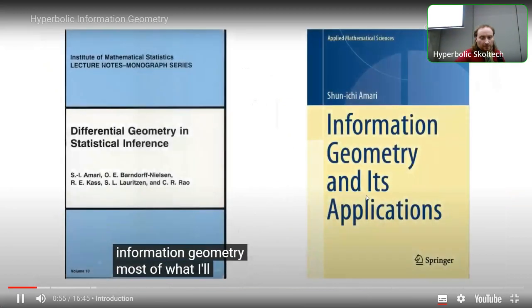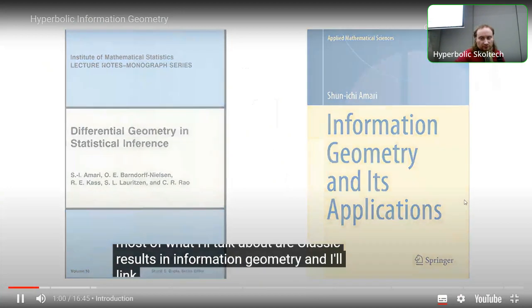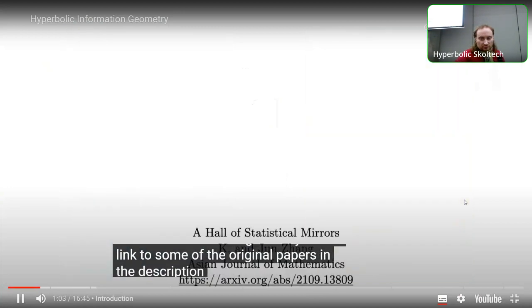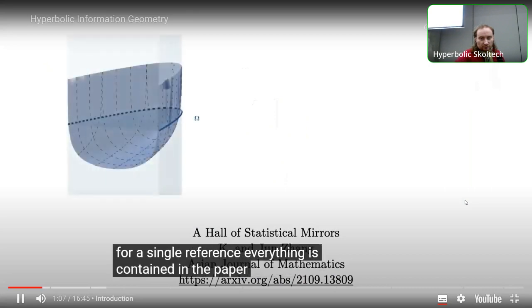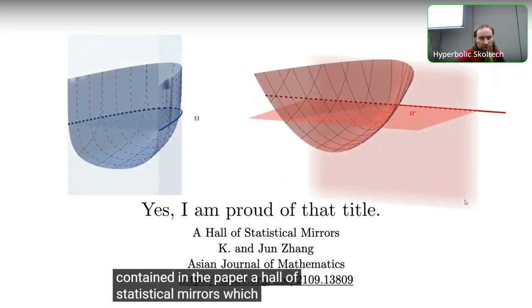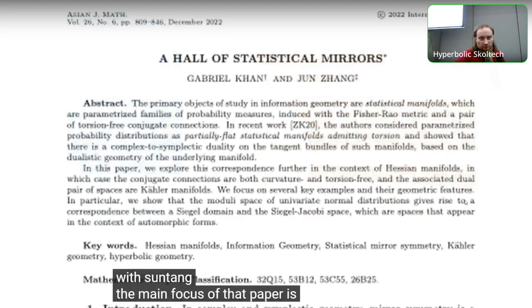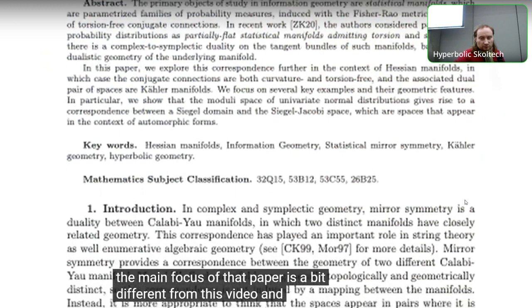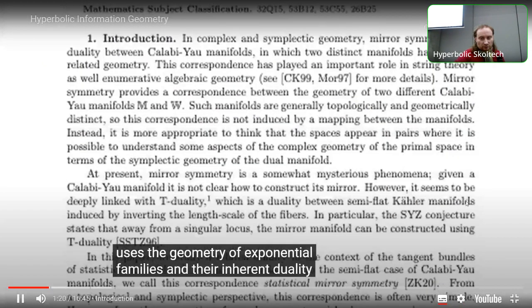Most of what I'll talk about are classic results of information geometry, and I'll link to some of the original papers in the description. For a single reference, everything is contained in the paper "A Hollow Statistical Universe", which is joint work between two authors. The main focus of that paper is a bit different from this video, and really uses the geometry of exponential families.